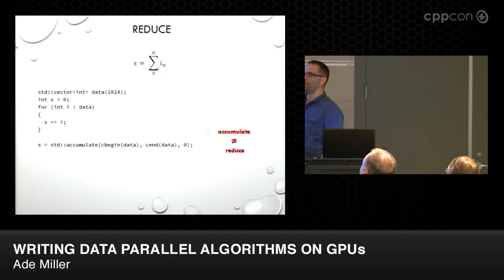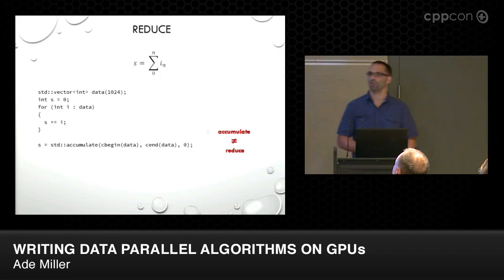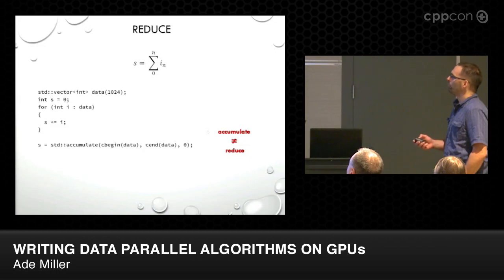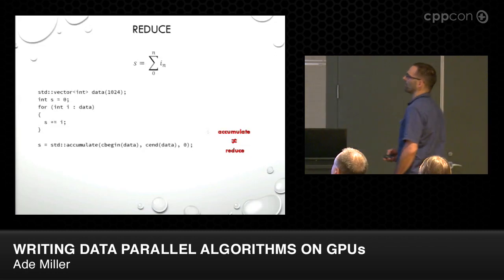The minute you start running things in parallel, the order of your operations is no longer defined. So reduce requires that the operation you are using is associative, because you cannot guarantee the order in which, in this case, the additions are going to take place.